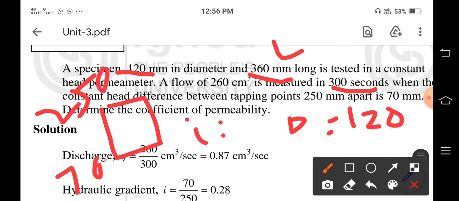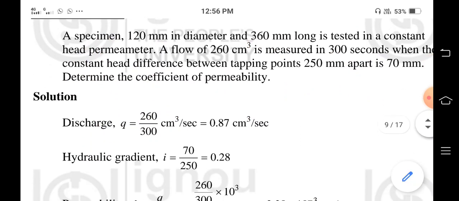So i equal to 70 upon 250, that is 0.28.